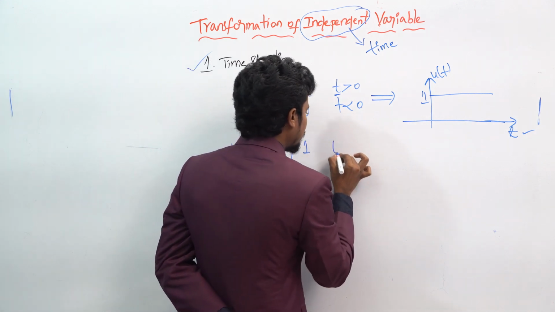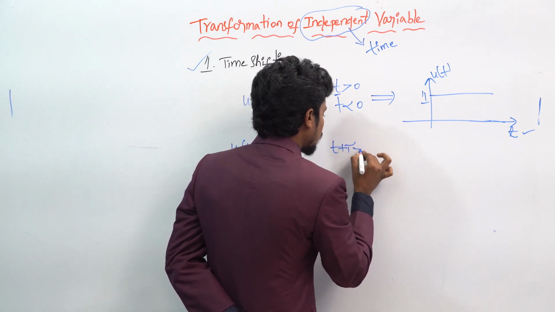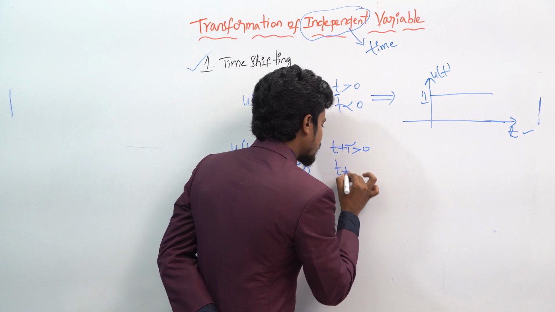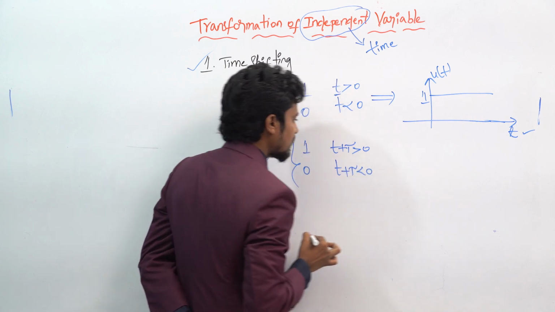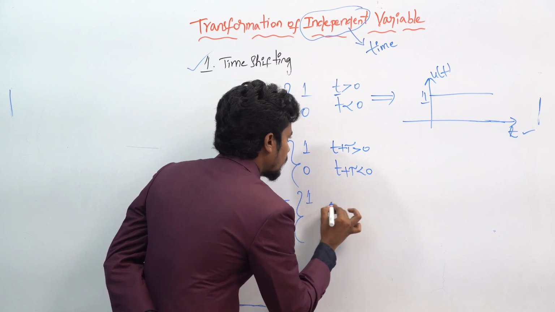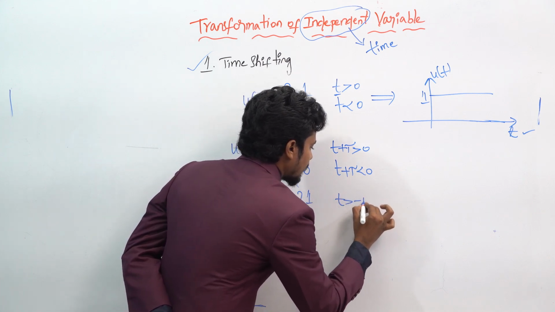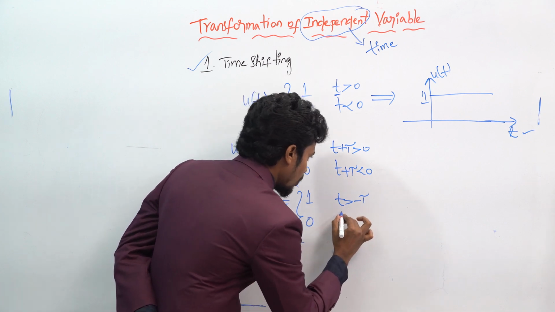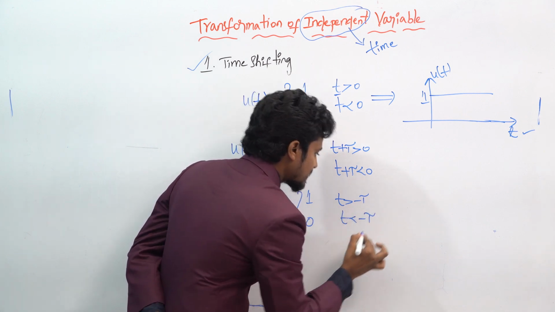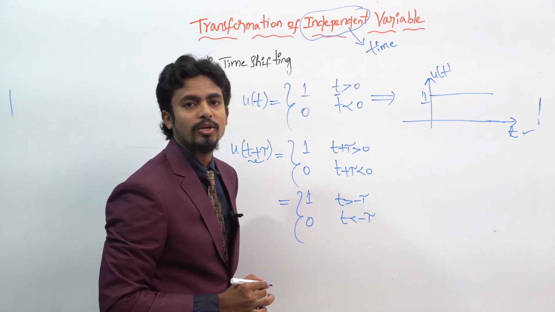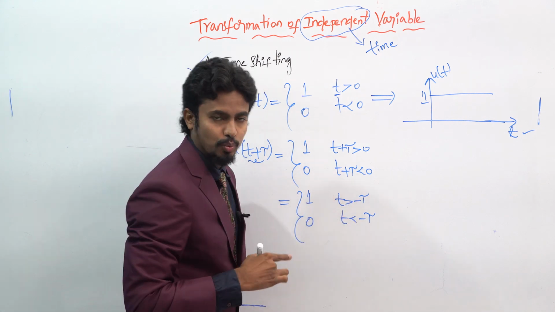Here t plus tau greater than 0 gives 1, and t plus tau less than 0 gives 0. So this becomes 1 for t greater than minus tau and 0 for t less than minus tau. Our plot gets started at minus tau.